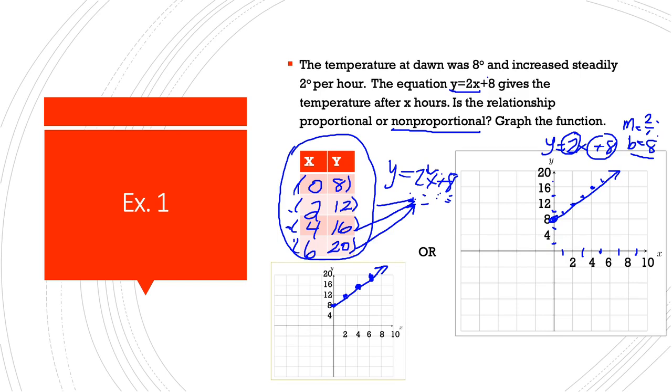You can make yourself a table of values, plug in some values for x, solve it, and then graph your points. Or you can use what we did previously and plot your y-intercept, which is your b, and then use your slope to get to the next point. Okay, regardless, this is non-proportional because it doesn't go through the origin, and it is linear because it is a straight line.